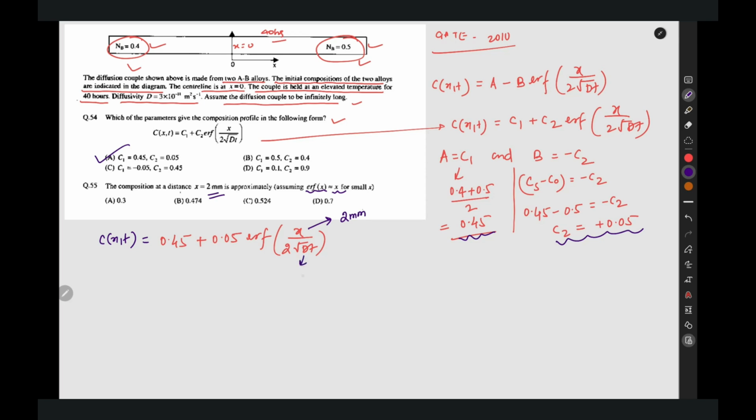The diffusivity is given as 3 into 10 power minus 11. Time is given as 40 hours.